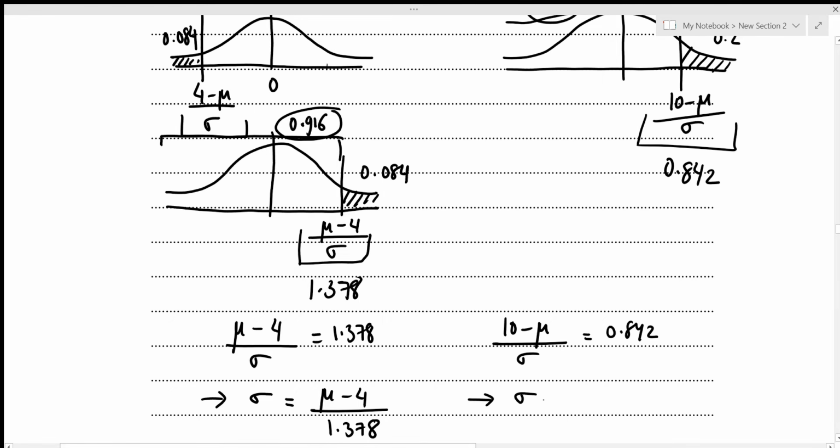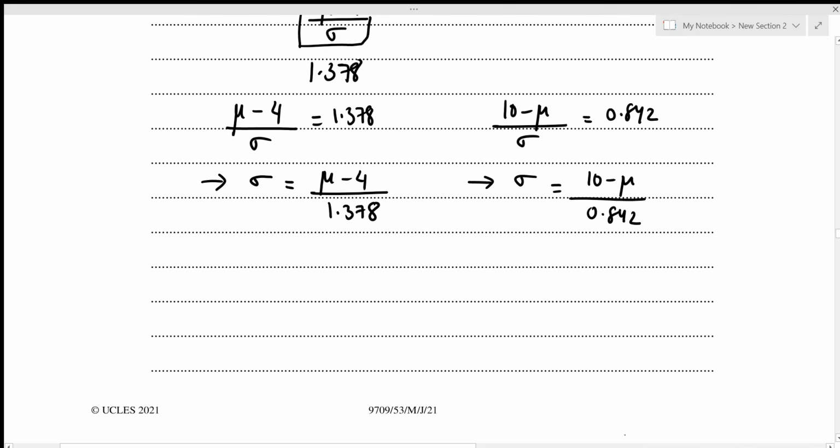Writing this in terms of sigma, that's going to be (10 minus mu) divided by 0.842. So let's just equate these two equations. That's going to be (mu minus 4) by 1.378 equals (10 minus mu) divided by 0.842.